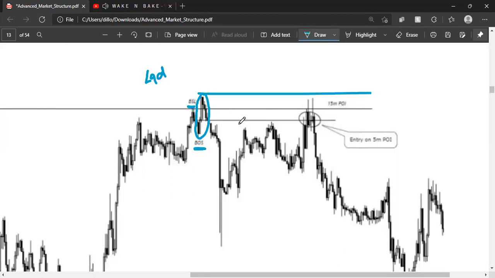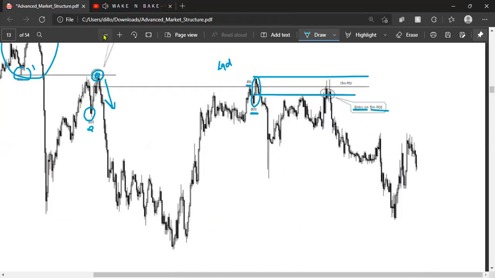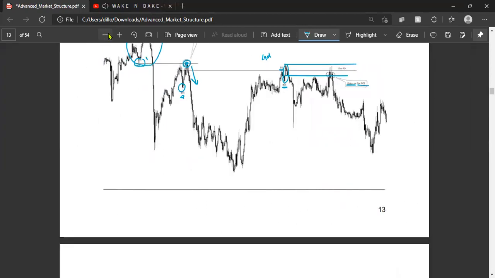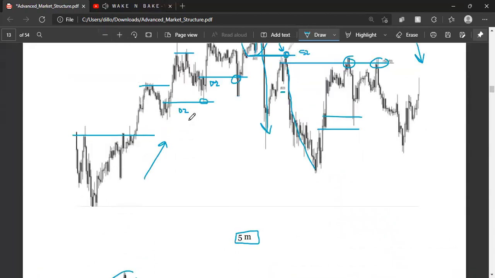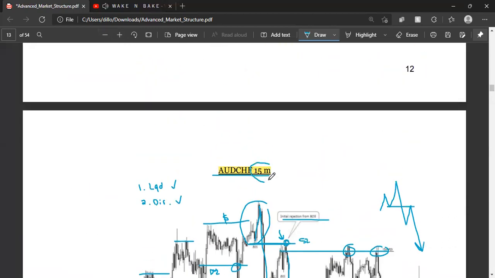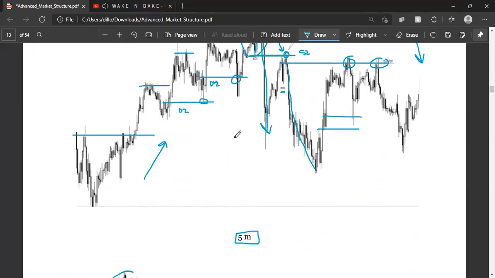So we are looking back at this supply zone for any entries on the 5-minute time frame, in line with what our 15-minute time frame direction was.